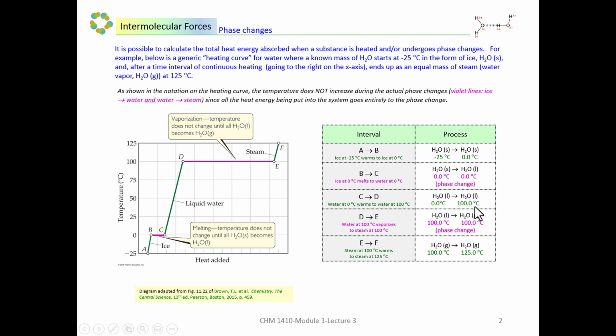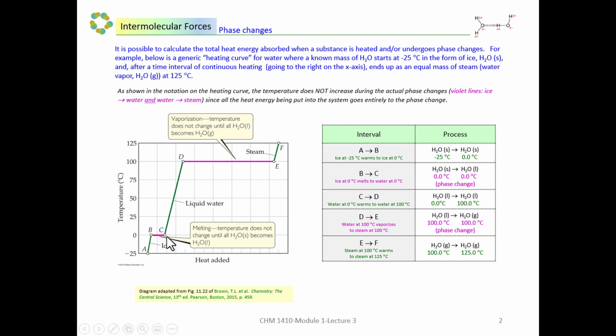We're now at point D, and now the added heat will go into vaporizing the liquid water to the gaseous form of water. This would be the interval D to E. Notice it takes a lot more heat to do that than it did to melt the ice to the liquid.